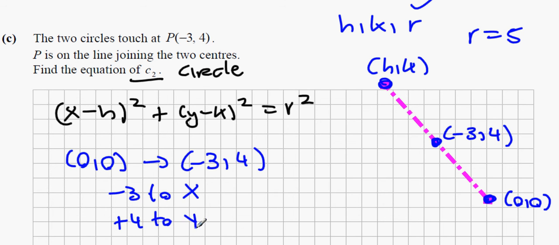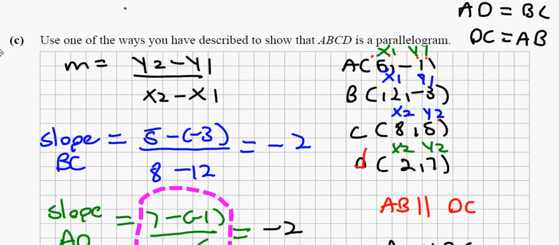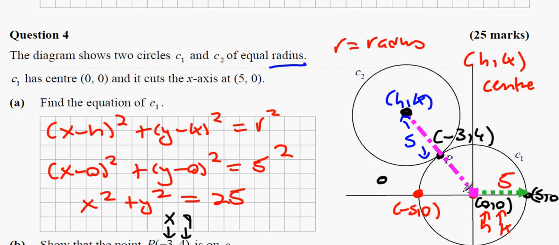So it's going to go up again. So another minus 3 is minus 6. So h is minus 6. And k is another 4 into the air, which is 8. Because remember, it has to go up the same amount each time. You can see this by your eyesight. Left 3, up 4. Left 3, up 4. And that's going to get you to h, k.